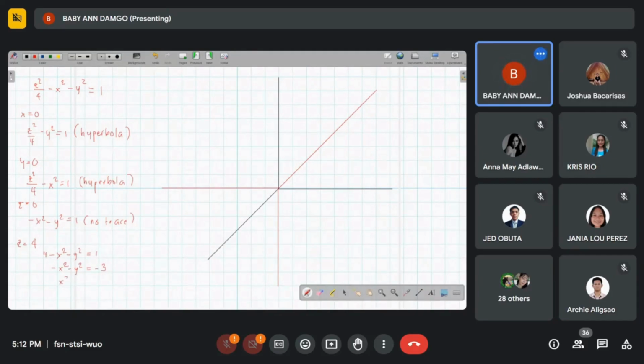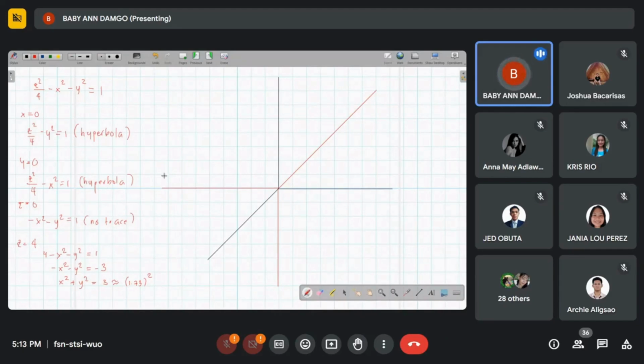So, we can multiply both sides by negative 1. So, we have x squared plus y squared is equal to 3, in which this is of the form of a circle. Ang 3, this is 1.73 to the power of 2. Okay? So, pwede ta mag-create sa daan sa circle. So, inyo ng strategy ha kung unsa inyong unahon, pwede ning hyperbola, pwede sa ning circle.